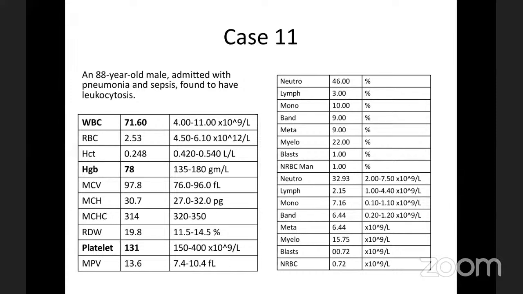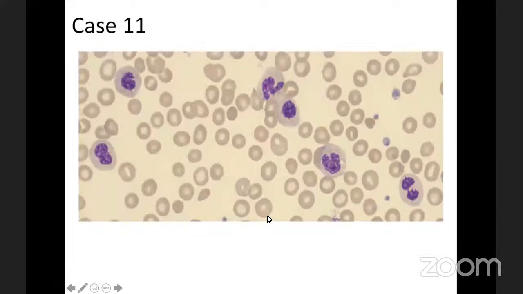And you can see here we have mainly neutrophils with left shift, rare blast, 1%, and nucleated RBCs. This is the peripheral blood.